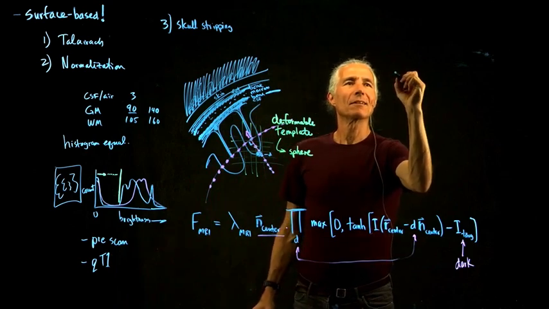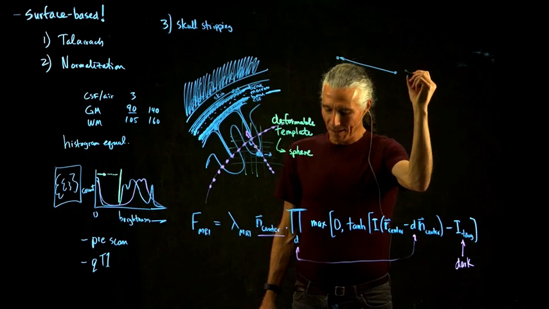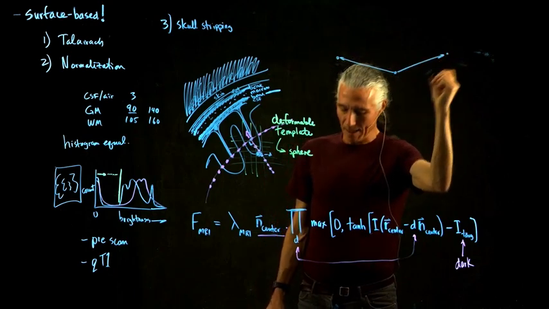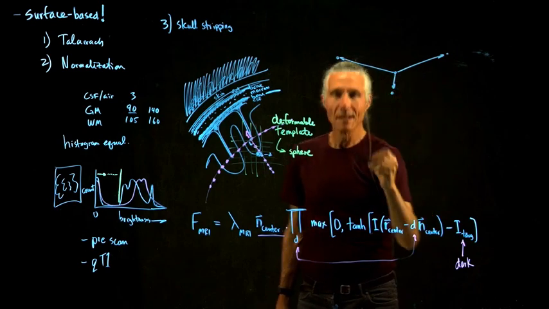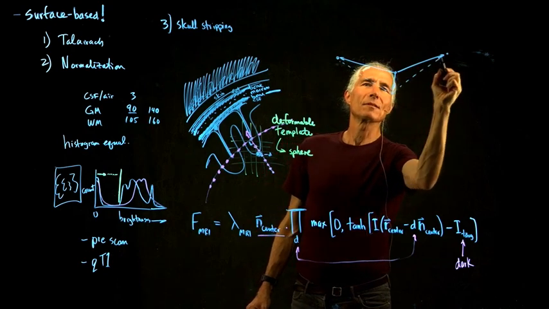Okay, so here's a better one. Here's a neighboring vertex, and another neighboring vertex, and a neighboring vertex here. So I'm looking at it, and here's the plane. There's the plane defined by the neighboring vertices.